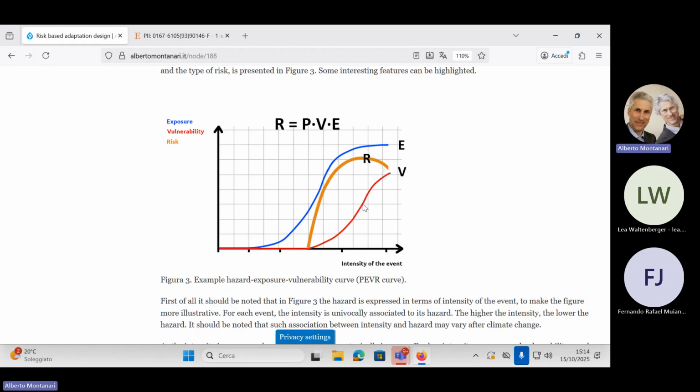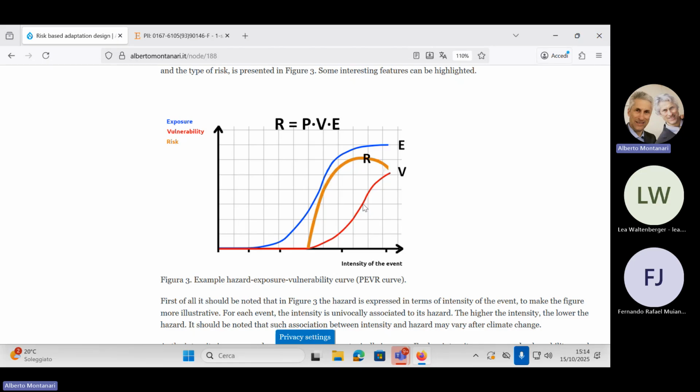What can you see here? If you only look at the blue line, you see that for increasing intensity, you have exposure 0 up to a certain level, which means that even if you get flooded, the flood is so small that you don't get any damage.